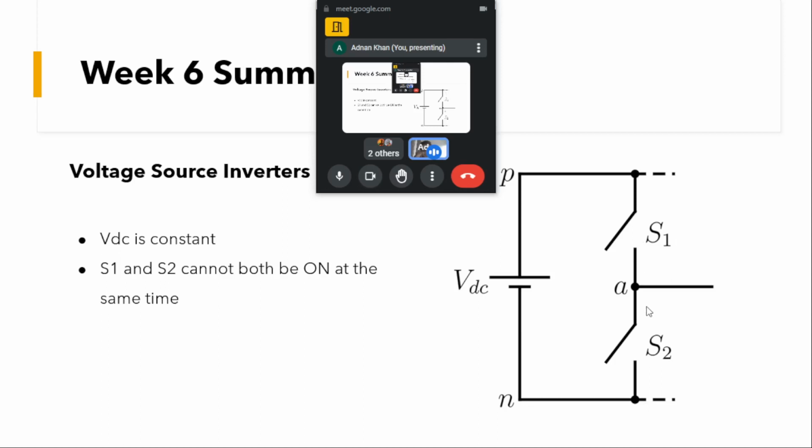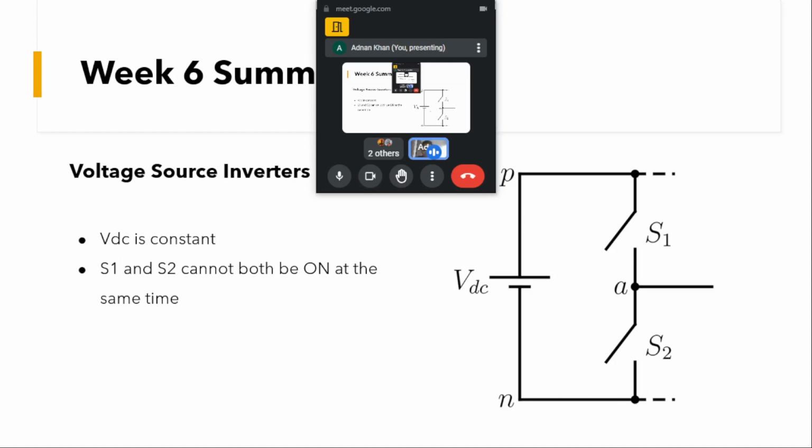Point A is the midpoint of S1 and S2. Between A and N, can we have an AC voltage?